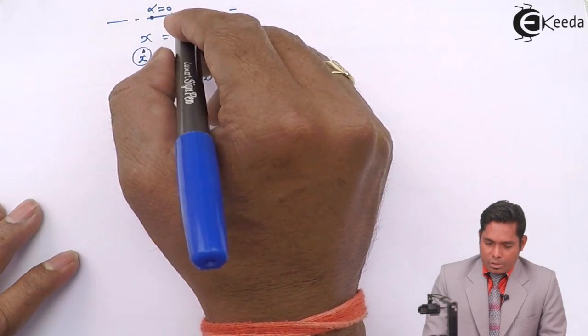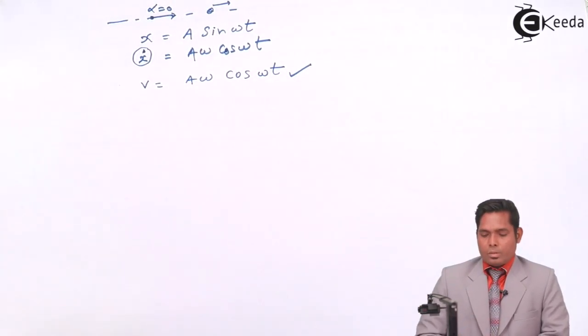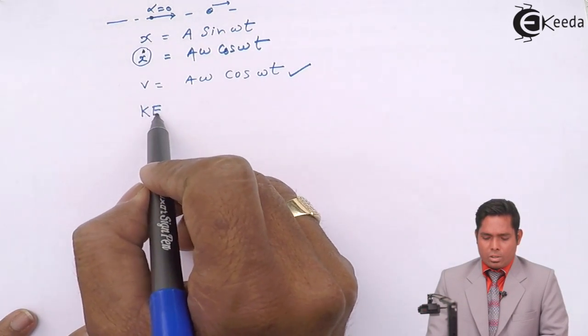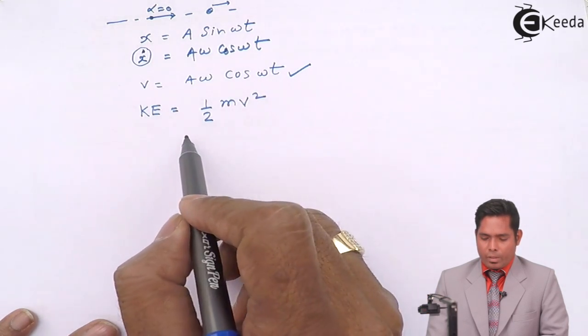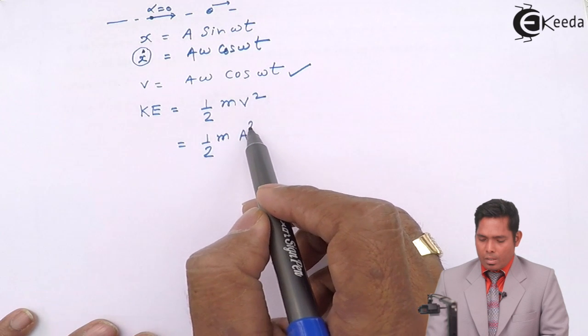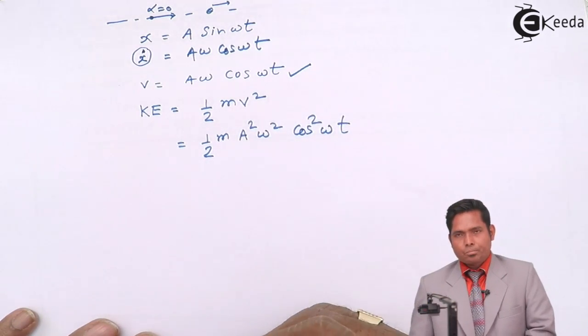Now what is kinetic energy? Suppose that at any time it is here, this is the velocity, and the kinetic energy at any instant is given by half m v square. If I square it, then I'll get half m a square omega square cos square omega t.